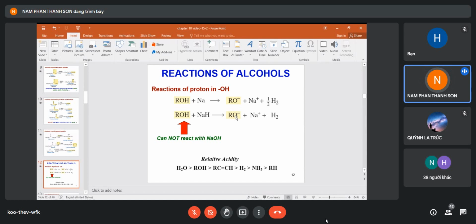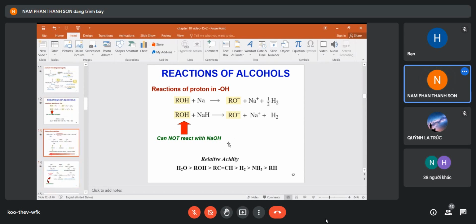So we cannot use sodium hydroxide to remove the proton from alcohol. We need to use a stronger base, because remember the rule, we always go from stronger to weaker, never from weaker to stronger. So do not use sodium hydroxide in this reaction.